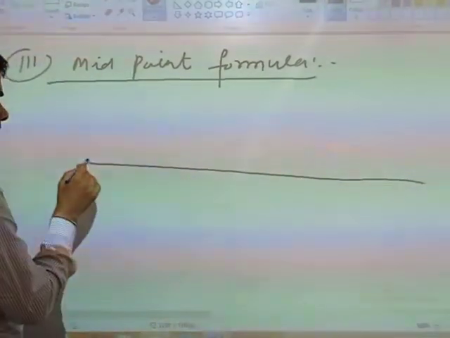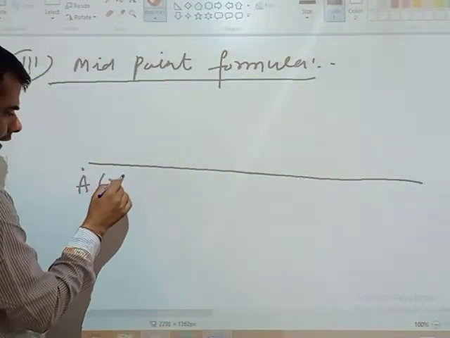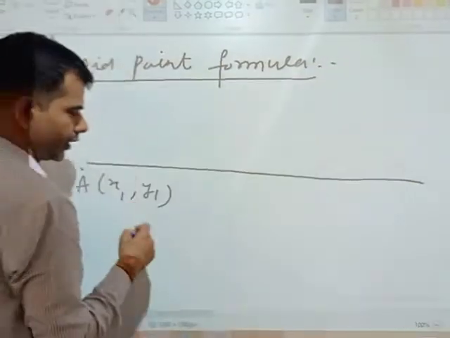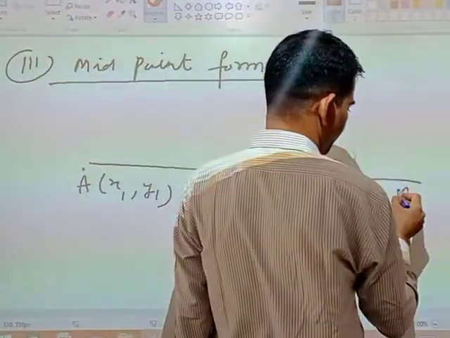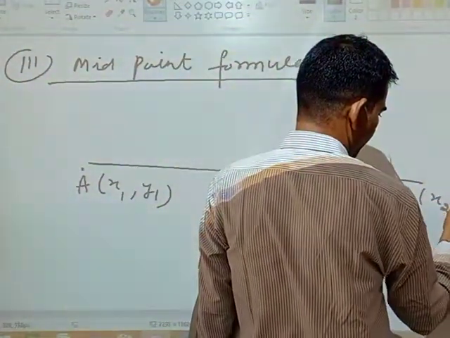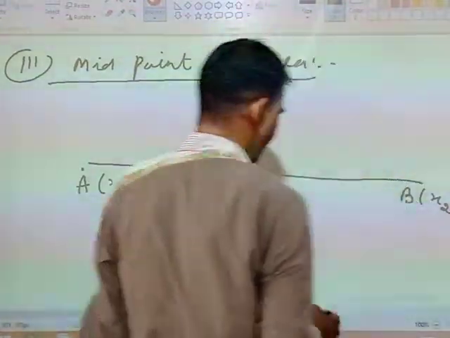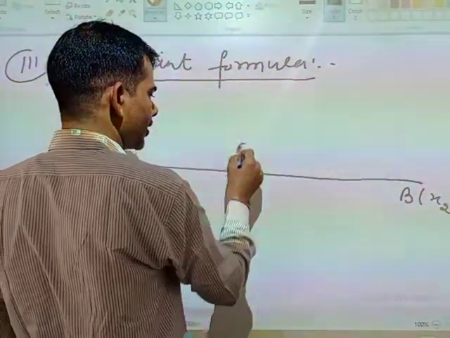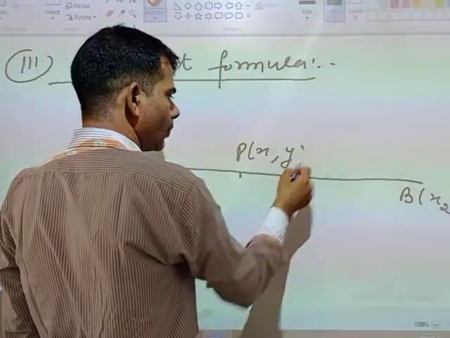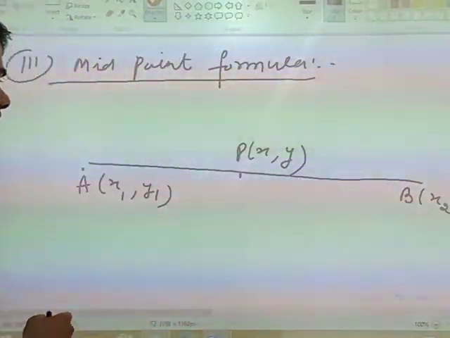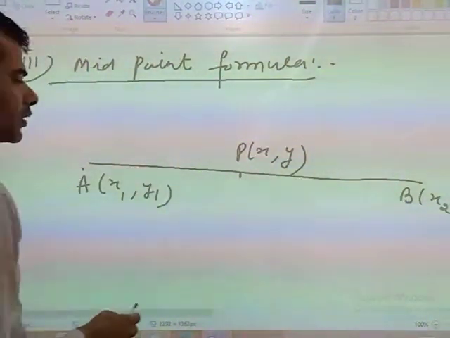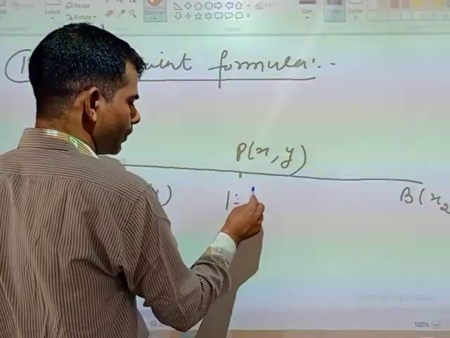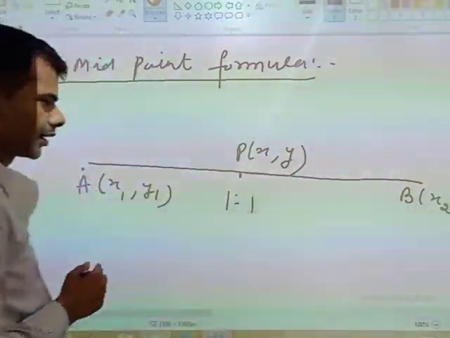This is a point A, x1, y1. This is another point B, x2, y2. And this is your point P, x y. Point P, x y, divides the line segment in the ratio of 1:1. Why? Because P is the midpoint of AB.